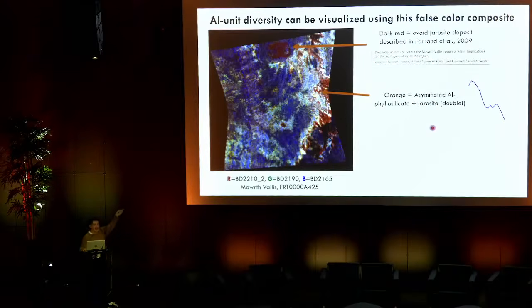Then there's this big red patch at the top, and this is the ovoid-shaped jarosite deposit that was discovered by Farrand et al. 2009 in Marth Vallis. But you'll notice there's also some lighter tone bluish pixels, and this color composite suggests they might have shorter band centers, perhaps consistent with things like allophane or perhaps beidellite, but I need to interrogate the spectra to confirm that's the case in this example.